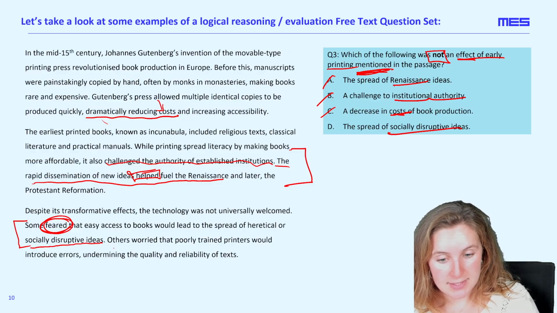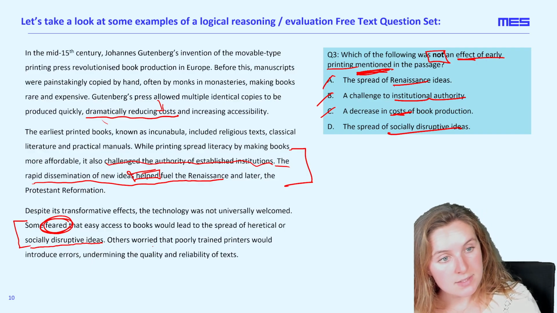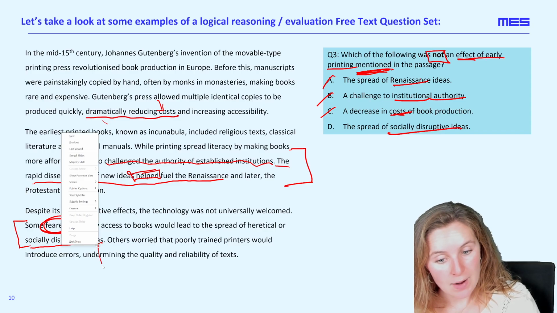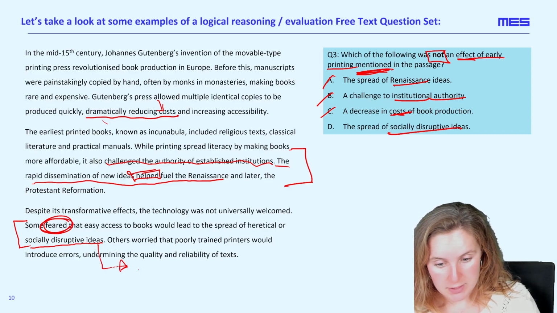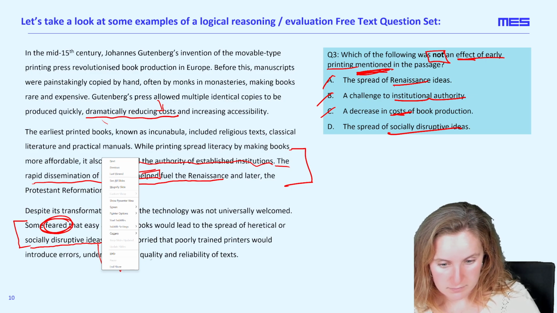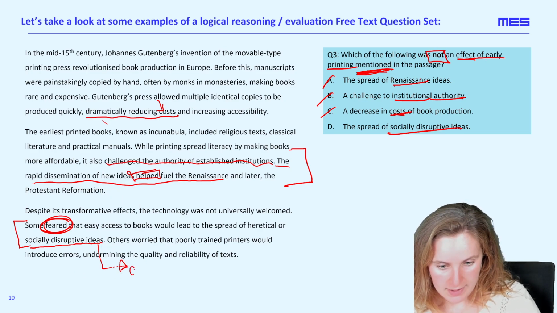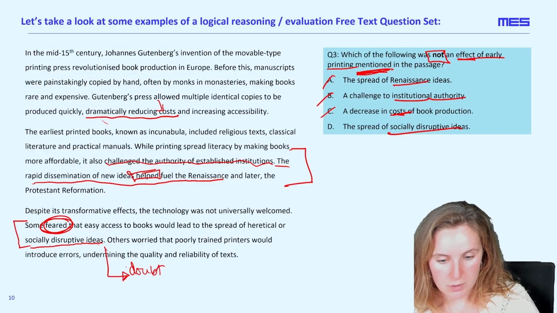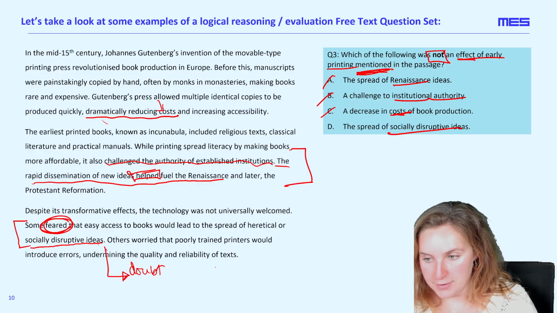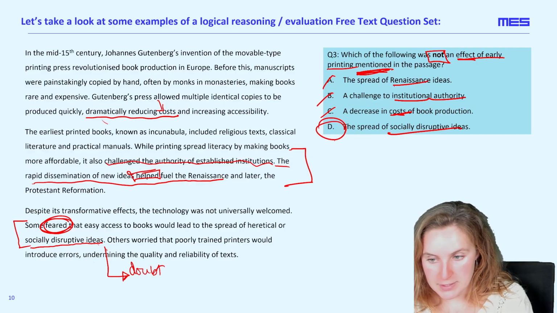If the next sentence explained that this came true and that multiple events of socially disruptive or heretical information were spread as a result of the printing press, then this would be an effect. However, there is doubt here. So we cannot say for sure that this is the case. It is just a fear. So D is our answer.